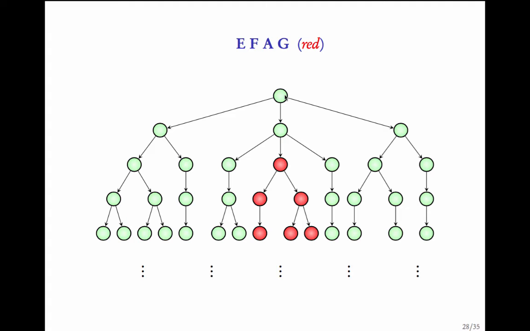So you look at this path, at some point of time you reach a state that satisfies A G red. Look at this state. All paths starting from this state satisfy G red. So we say that this state satisfies A G red. That is this part of the formula.